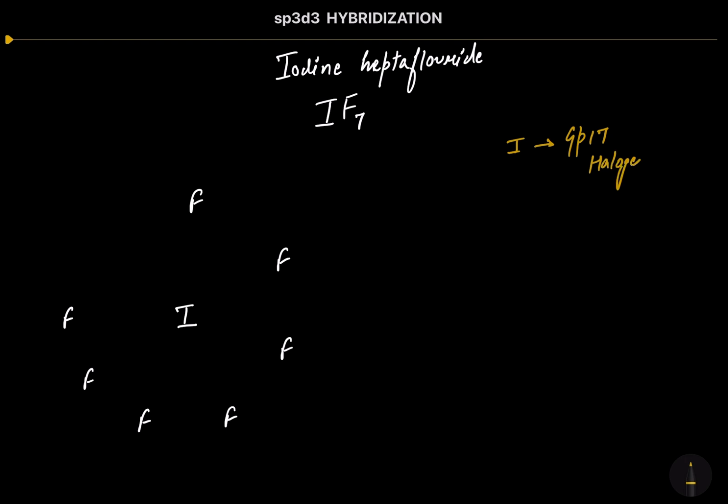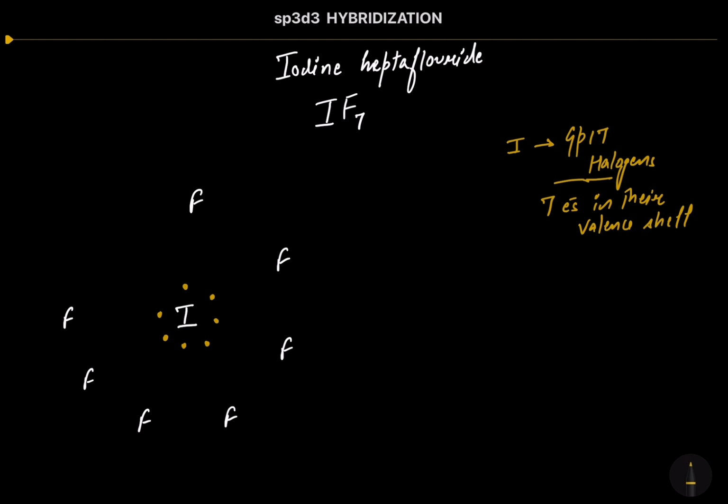In case of halogens, we all know that halogens have 7 electrons in their valence shell. So that means we have to mark 7 electrons around iodine in the Lewis structure. So that's the first electron, second, third, fourth, fifth, sixth, and the seventh.